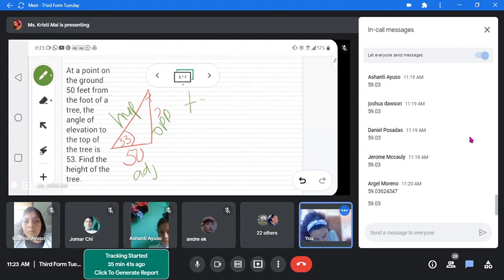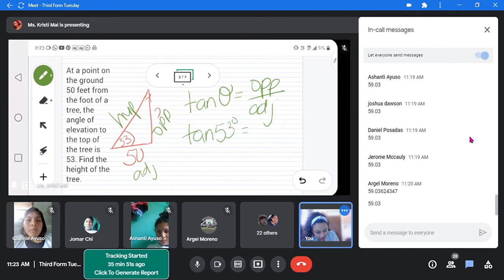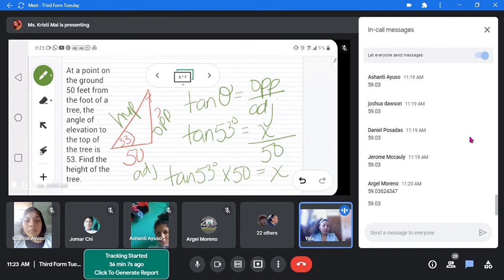Tangent of theta is equal to opposite over adjacent. Tangent of 53 degrees is equal to x over 50. And for me to leave x by itself, I'm going to do tangent of 53 times 50 is equal to x. So what would the answer of that be?